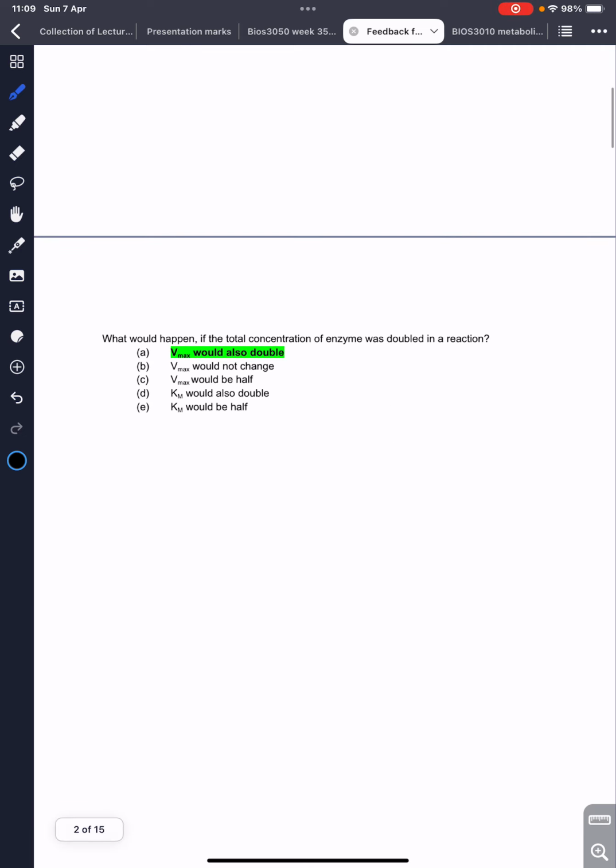Okay, what would happen if the total concentration of enzyme was doubled in a reaction? Well, we said that the rate Vmax, for example, depends on the rate, the kcat, times the total enzyme concentration.